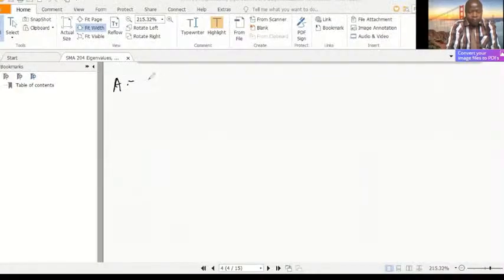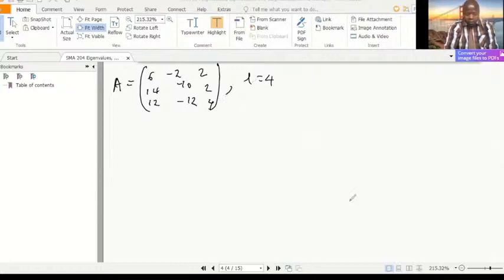A was 6, negative 2, 2, 14, negative 10, 2, 12, negative 12. So when lambda is 4, let's subtract that from the leading diagonal.